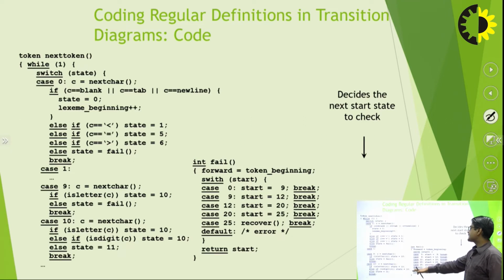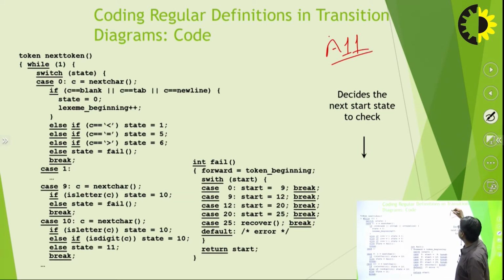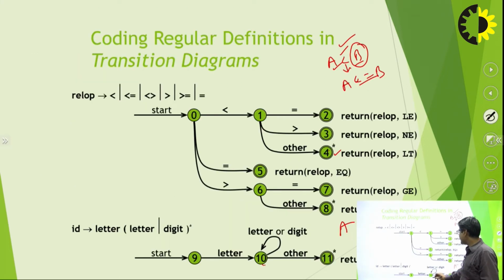Case 10 is letter C, the next state is letter C, state 10, else if is digit. Suppose we are taking A11 as a variable. Firstly A is extracted and that A is generated by state 10. Then if A11 is there, again for letter or digit, state 10 is there, then letter or digit, again 10 is there.